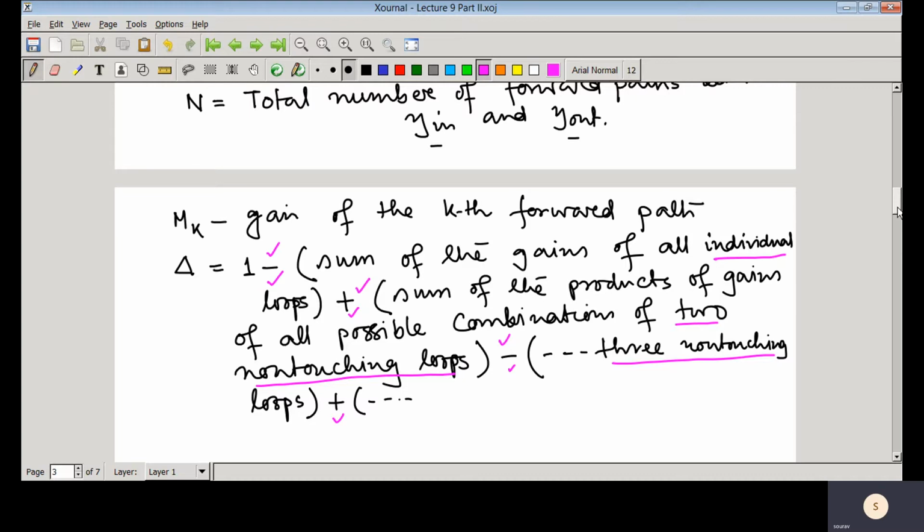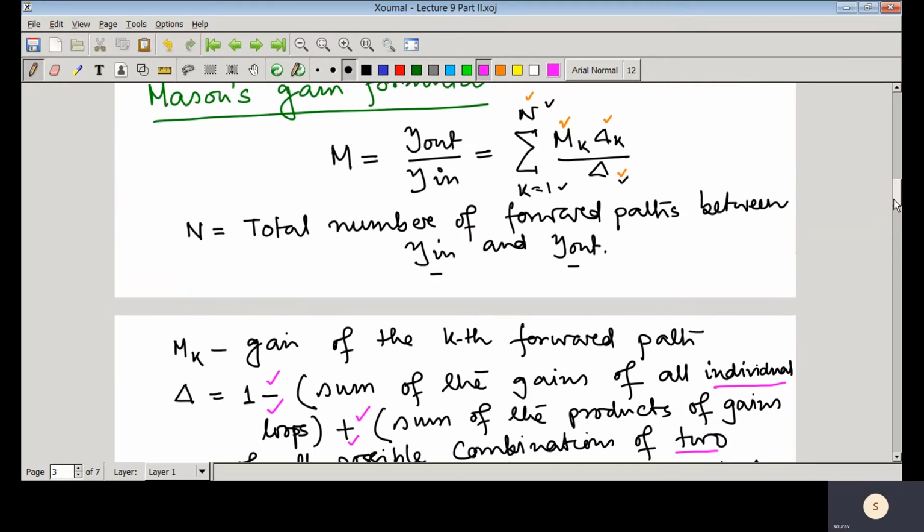Then what is delta k? Because here you can see that there is one term which is delta k.